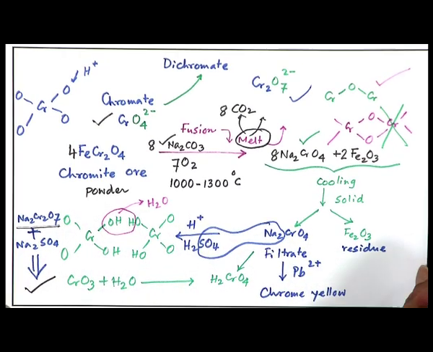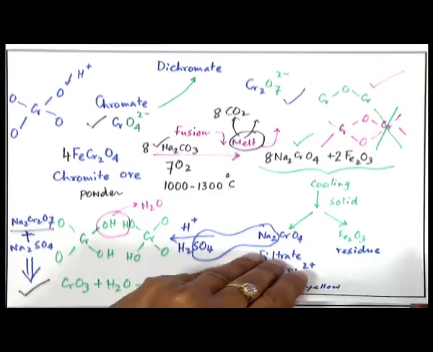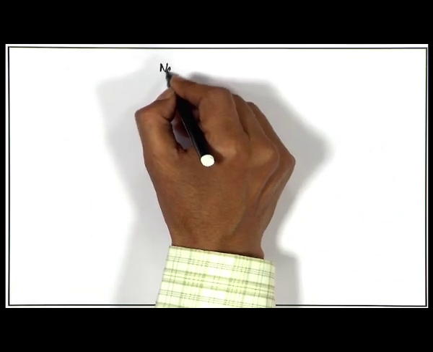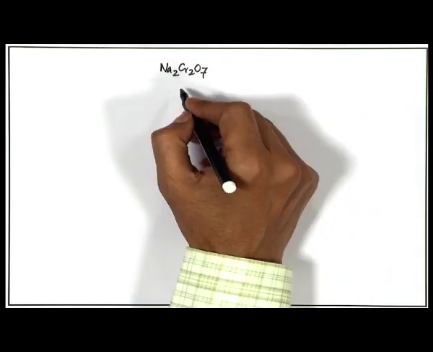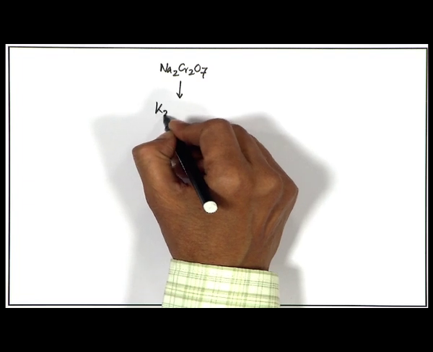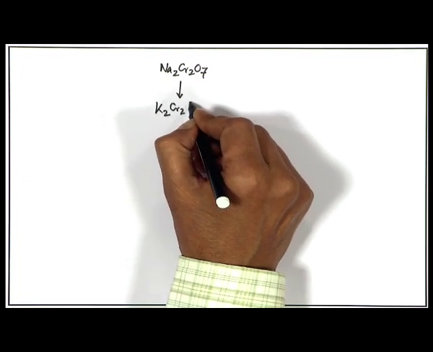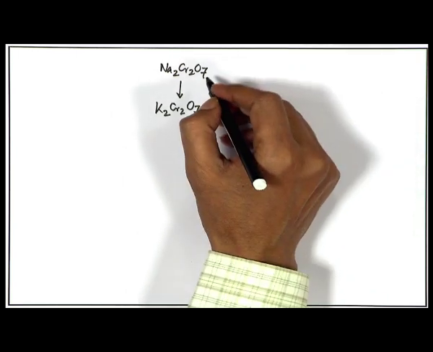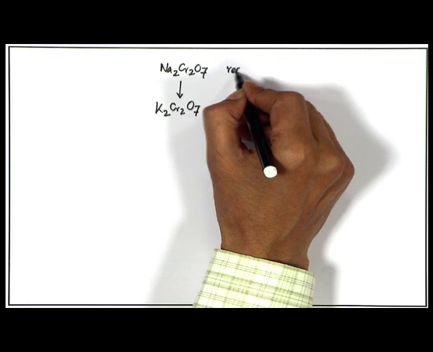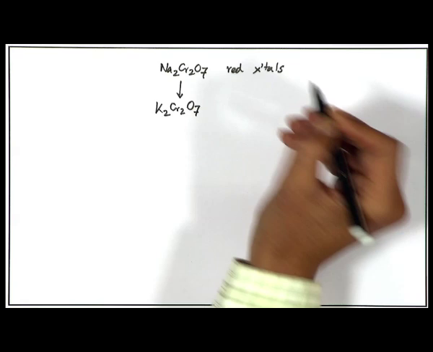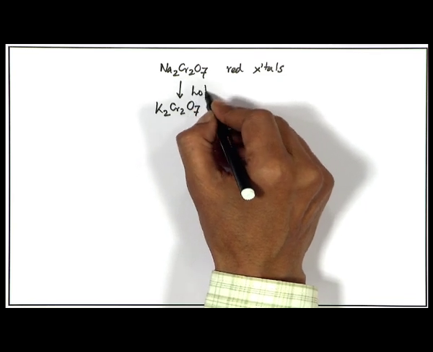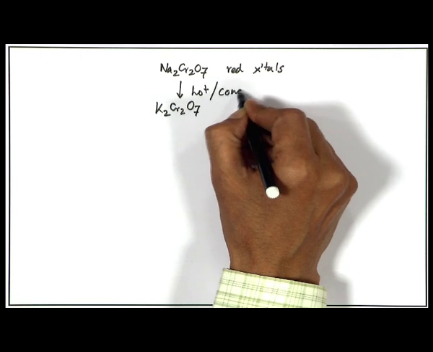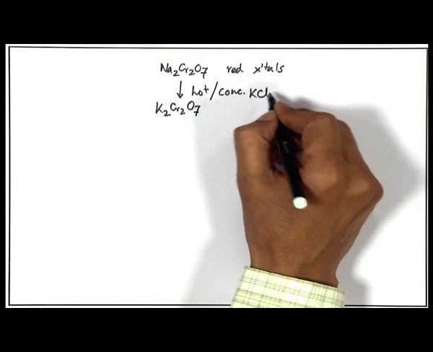We basically use this for different purposes, because this dichromate is very useful for making potassium dichromate. So, Na2Cr2O7 that we get from the chromite ore, we can use to make the corresponding potassium salt K2Cr2O7, which forms red crystals, by the addition of a hot and concentrated solution of potassium chloride.